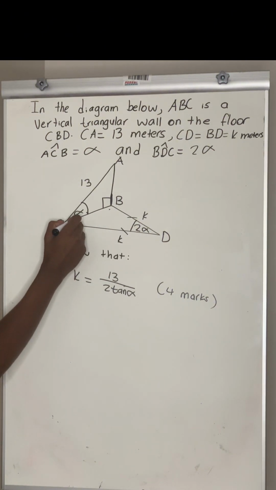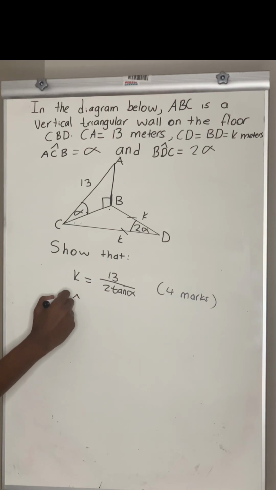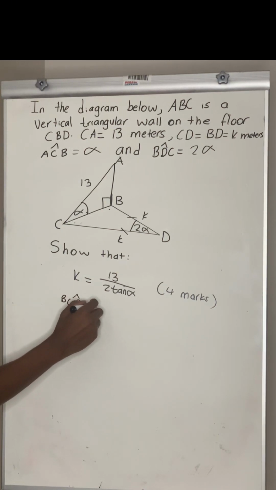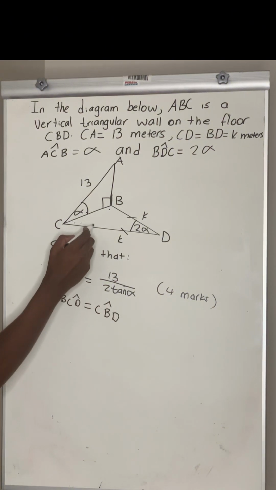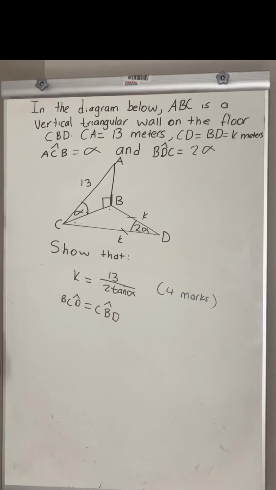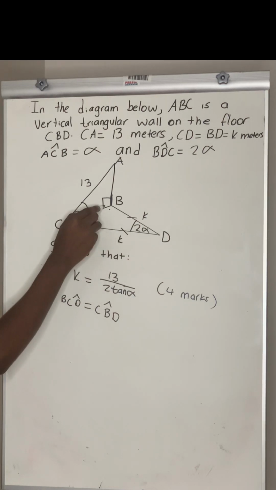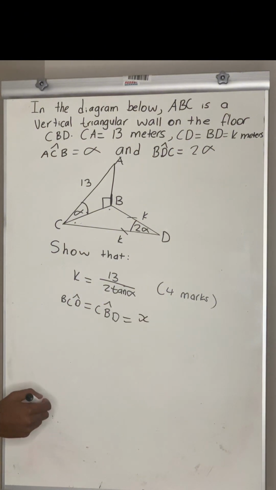These two angles are the same, so let's just name them x. Angle BCD is equal to angle CBD.